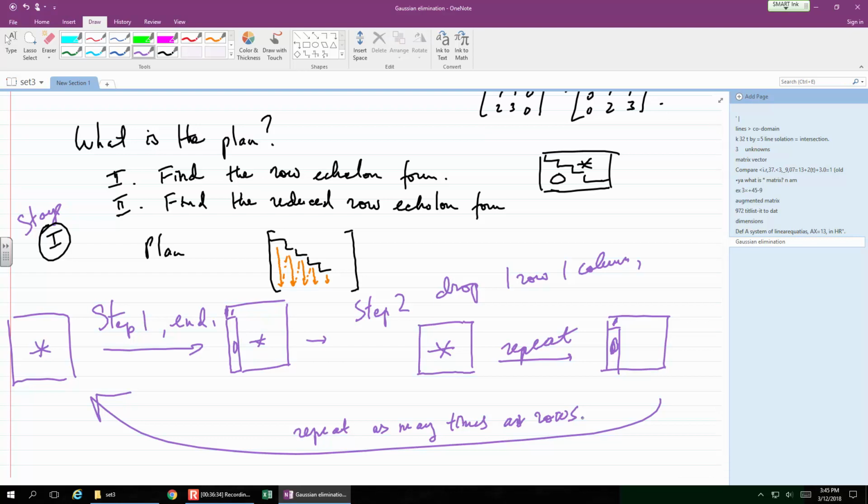Once again, I mentioned that you interchange columns if necessary before you proceed, so that you would have a 1.